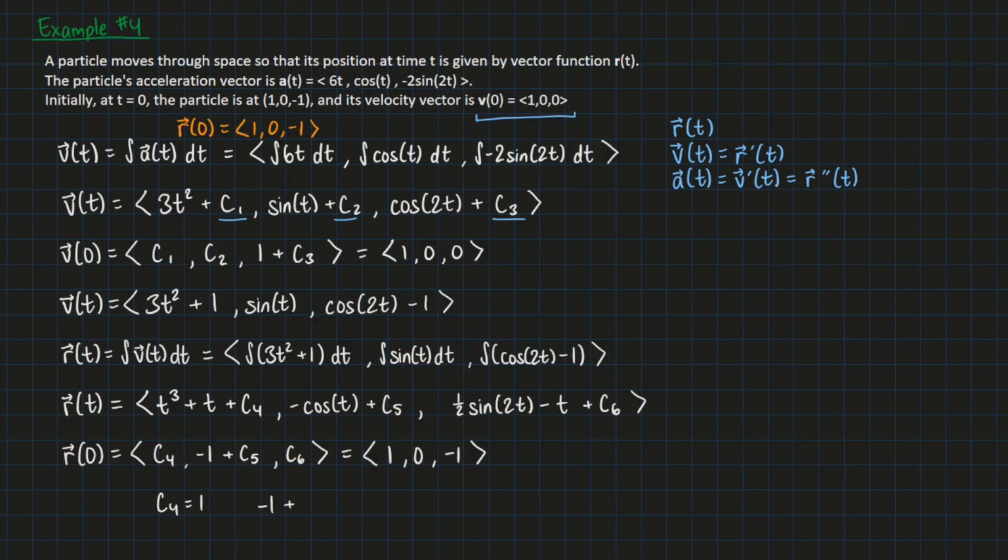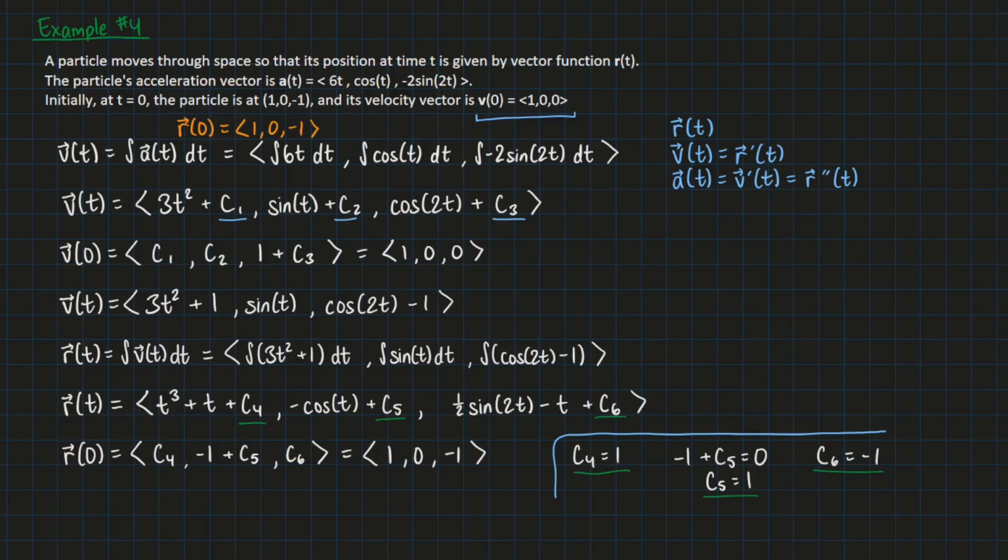So c5 equals 1. And c6 equals -1. And we'll plug this back into the r of t function. So in the end, we should get r of t equals t to the third power plus t plus 1, comma, negative cosine of t plus 1, comma, 1/2 times sine of 2t minus t minus 1.